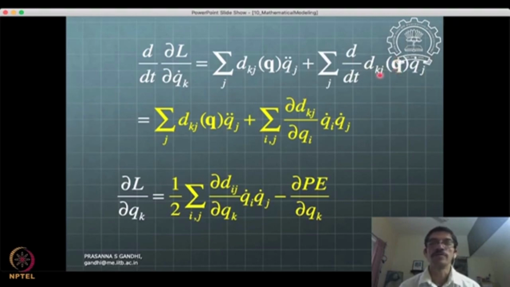We take the partial with respect to q, and then q dot will be multiplied, and that's how this becomes a summation. The summation over j is already there, and this inner derivative can be expressed as a summation over i, so this becomes a summation over both i and j of del dkj by del qi, qi dot, qj dot.